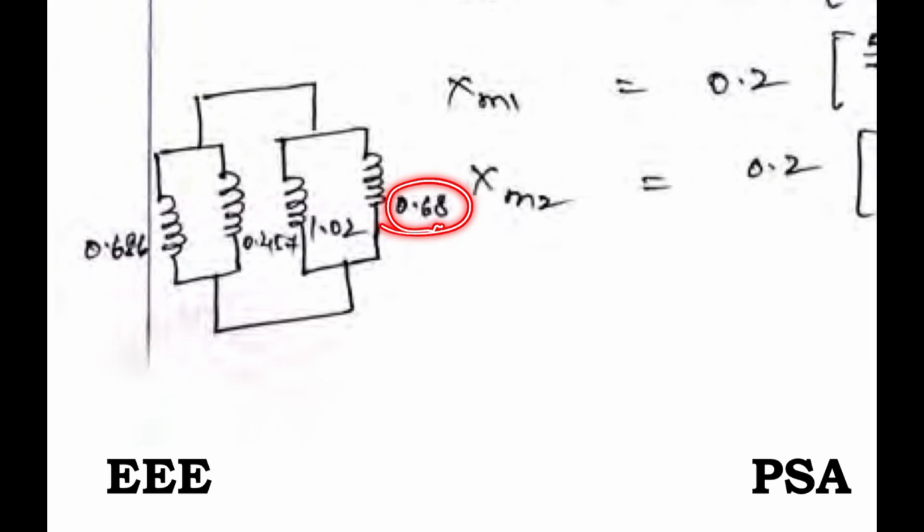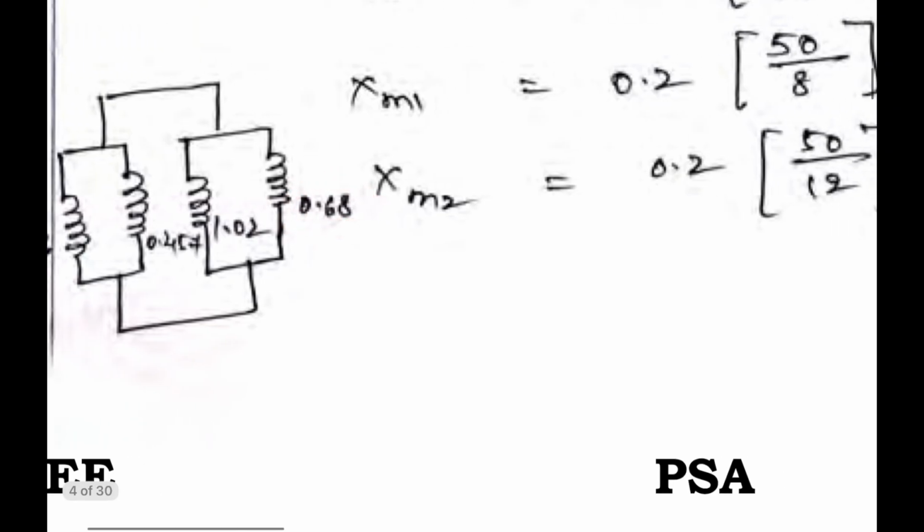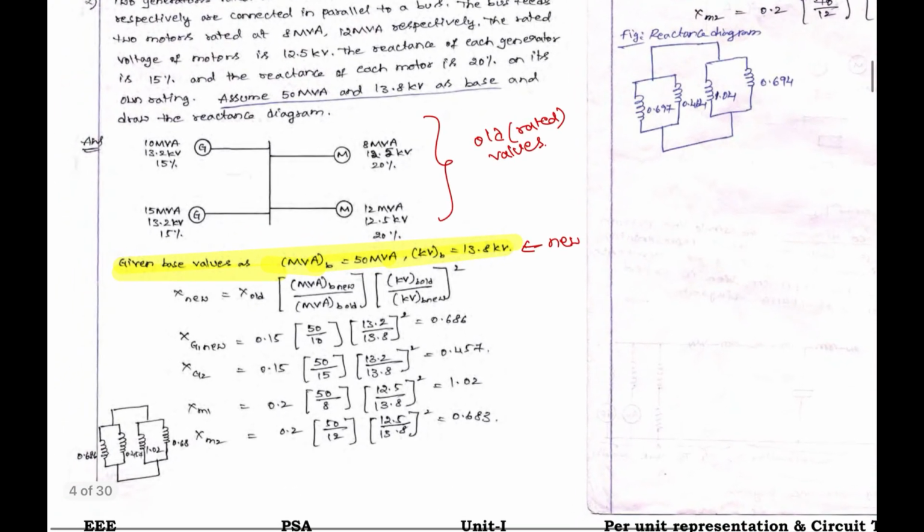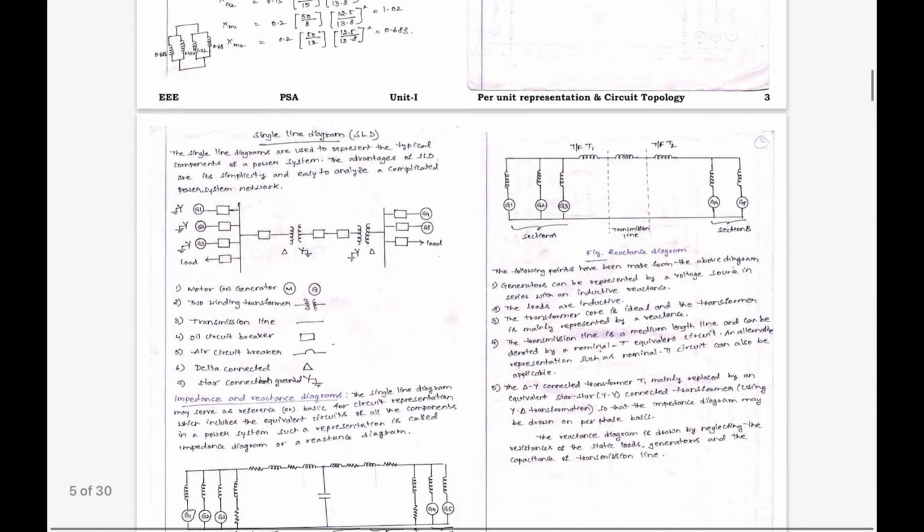Almost similar values; the values follow the same pattern. So whatever we select as the base kVA and base kV, we use them as the new values.